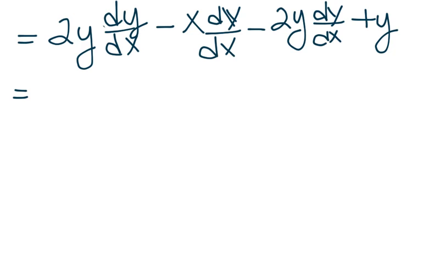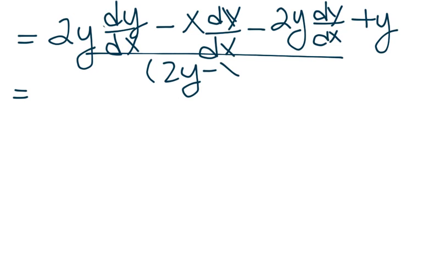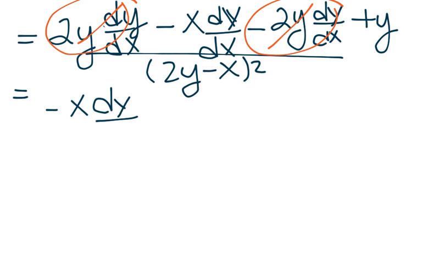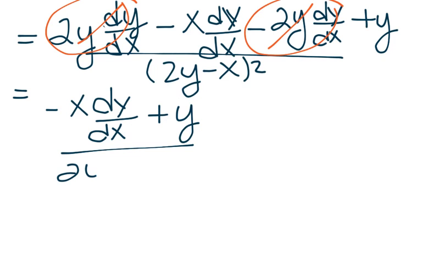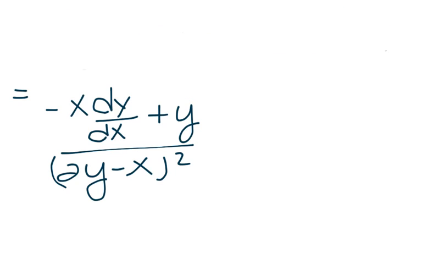Okay? All over (2y minus x) squared. So we see that we can cancel out these two things, and then we are left with negative x dy over dx plus y over (2y minus x) squared.